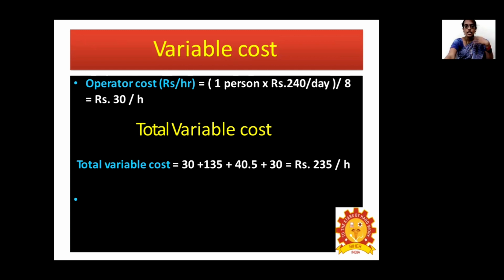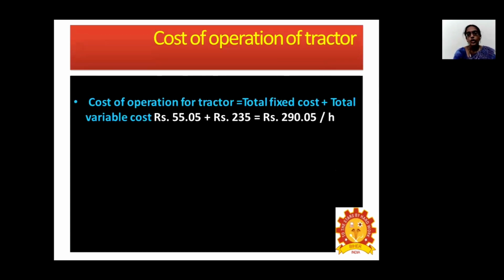In order to calculate the total variable cost, we have to sum up these three terms, and we can calculate the total variable cost, which will be around 235 rupees per hour. Then if you want to calculate the cost of operation of the tractor, you have to sum up the total fixed cost and the total variable cost.